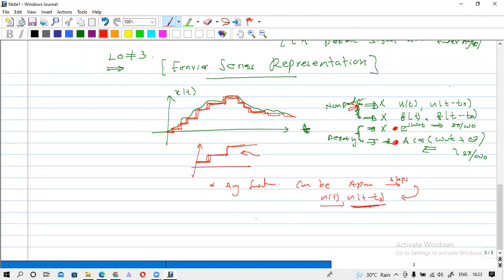Am I right? Do you have any issue? Can you understand up to here? Still, we are not talking about the Fourier series. We are talking about the old things we have learned.